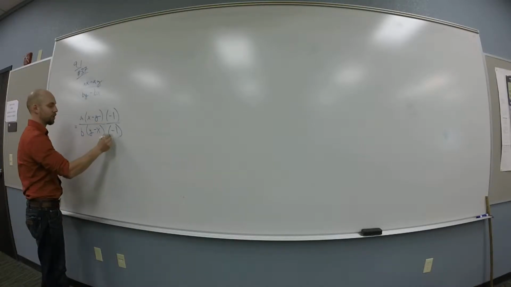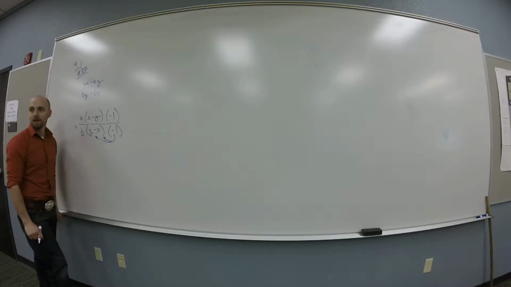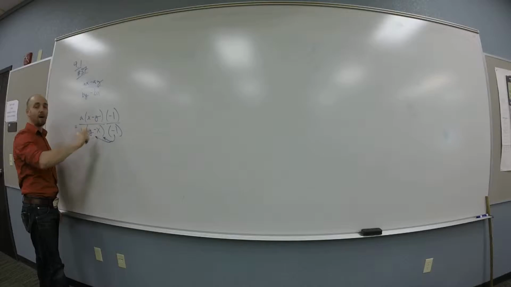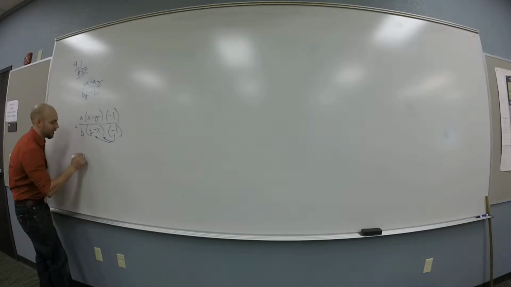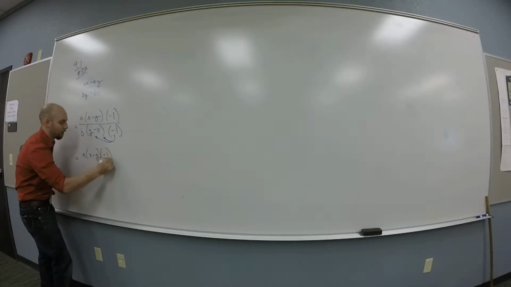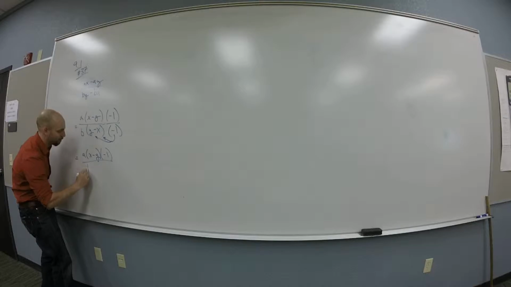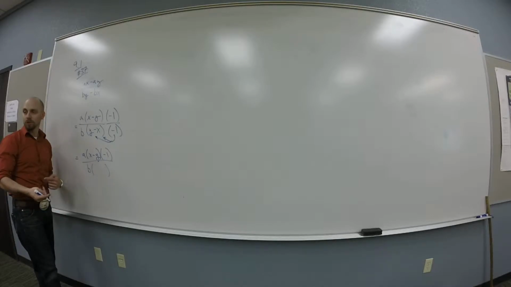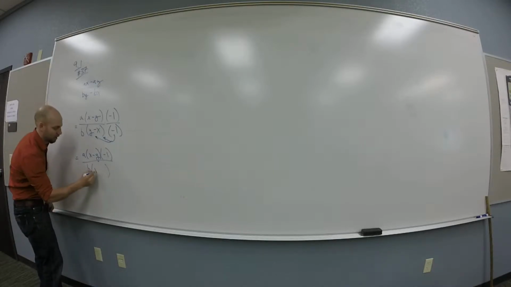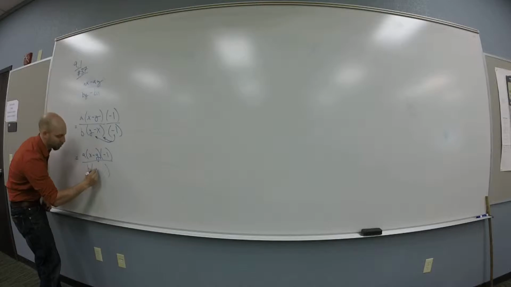Okay, so then I'm going to distribute this one in, and I'm going to leave that one out. So I'm going to get a times (x minus y) times negative 1. And on the bottom, I've got b times (negative y plus x), which is x minus y. Maybe I'll write it as minus y plus x.